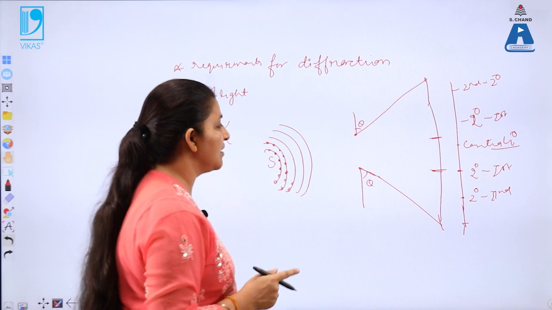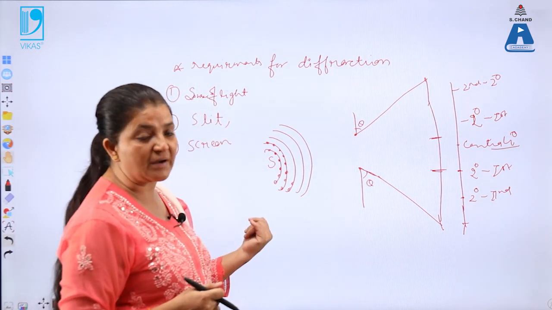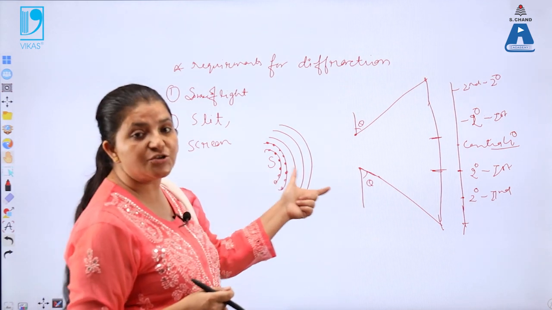Now let us compare this diffraction pattern with the interference pattern. What is the difference between these two patterns?